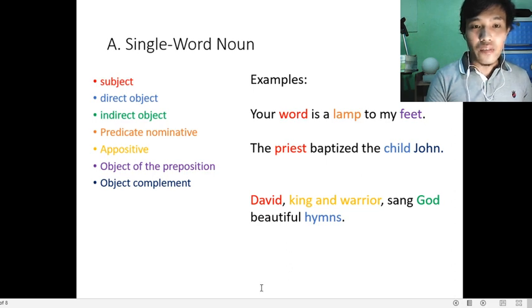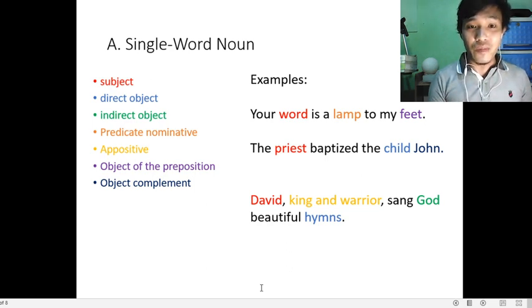Next, we have object of the preposition. If we say object of the preposition, it answers who or what after a preposition. Look at sentence number one: your word is a lamp to my feet. So where is our object of the preposition there?